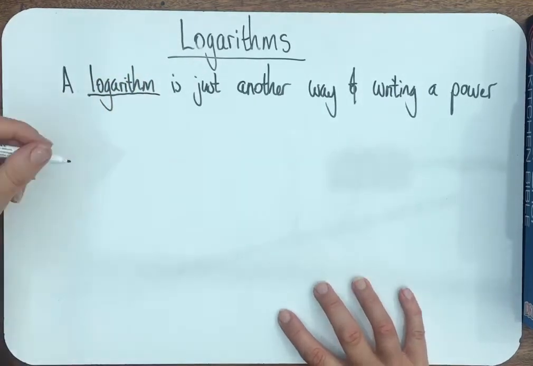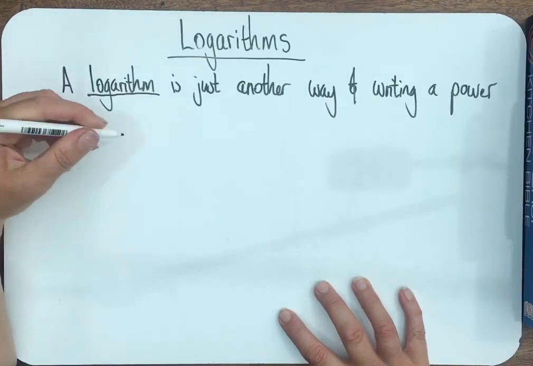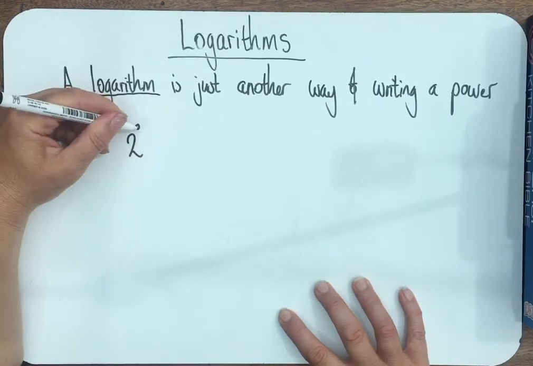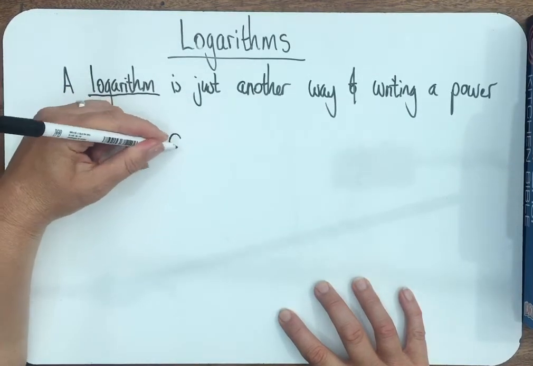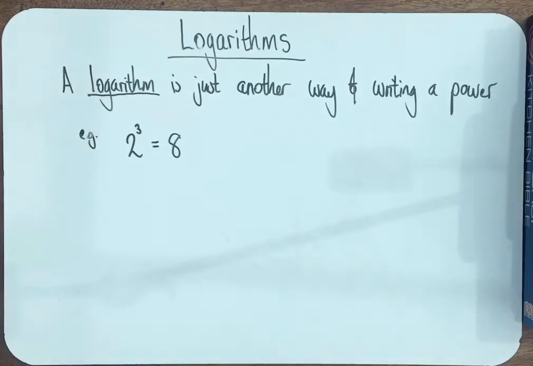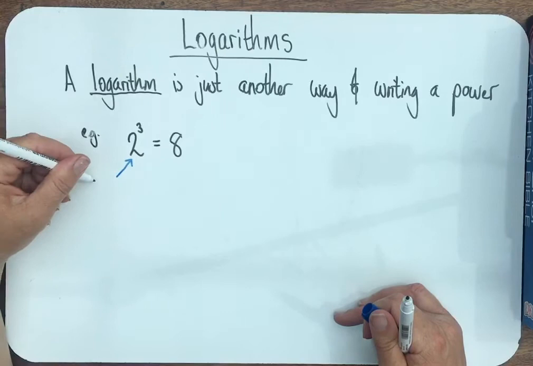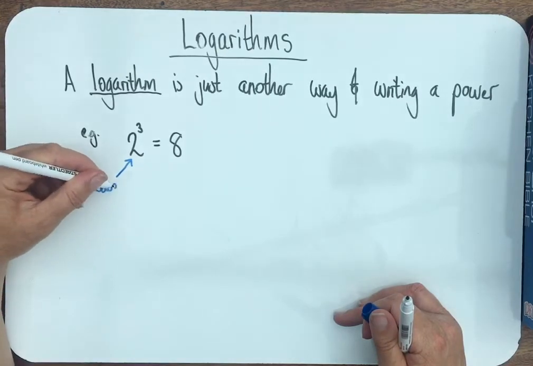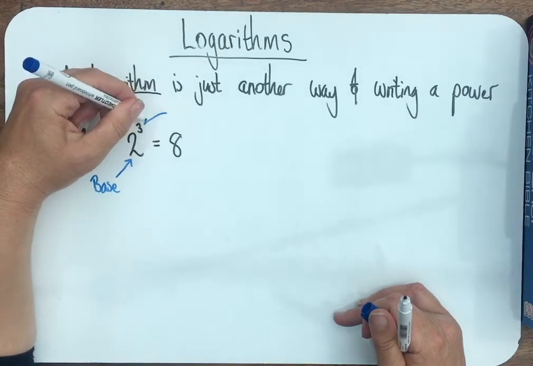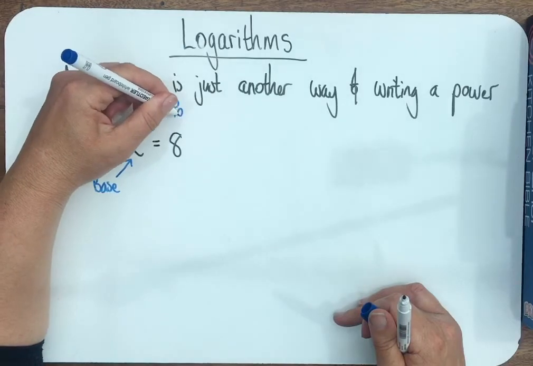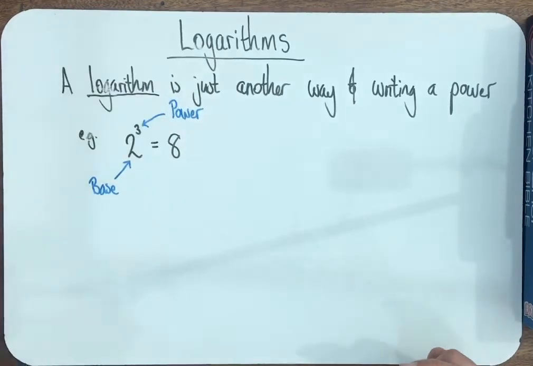So if we have a power, let's do a nice easy power. So 2 cubed equals 8. Then we can talk about the base being 2, so that's like the base of my power. The power, or the index, but I tend to call it the power, so I use my own language, is 3.